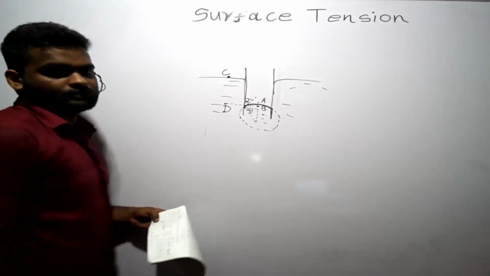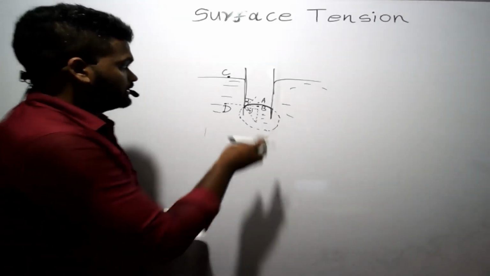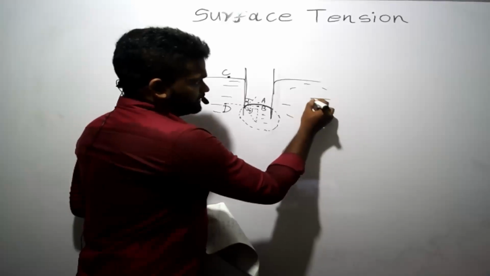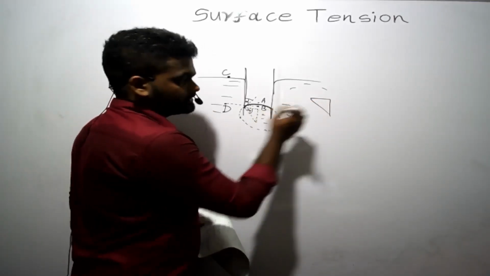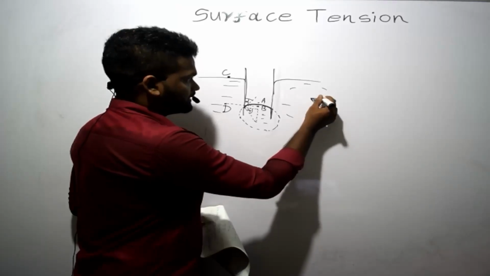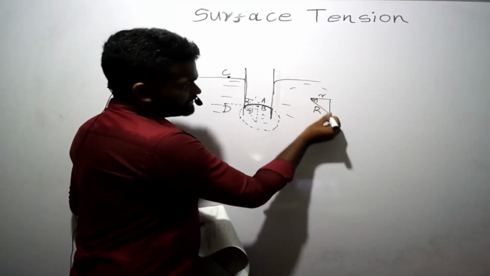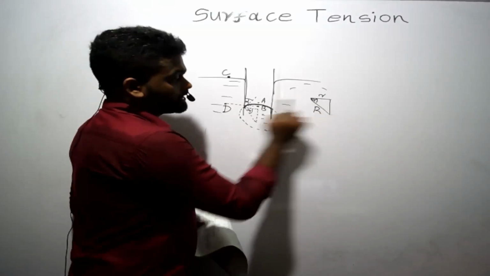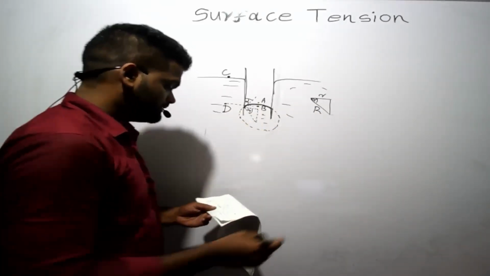Okay? So we are going to do a pressure balance now. For this triangle as well, I can enlarge this triangle and get alpha. Then this is going to be small r. This is going to be the radius of curvature of the meniscus, right?